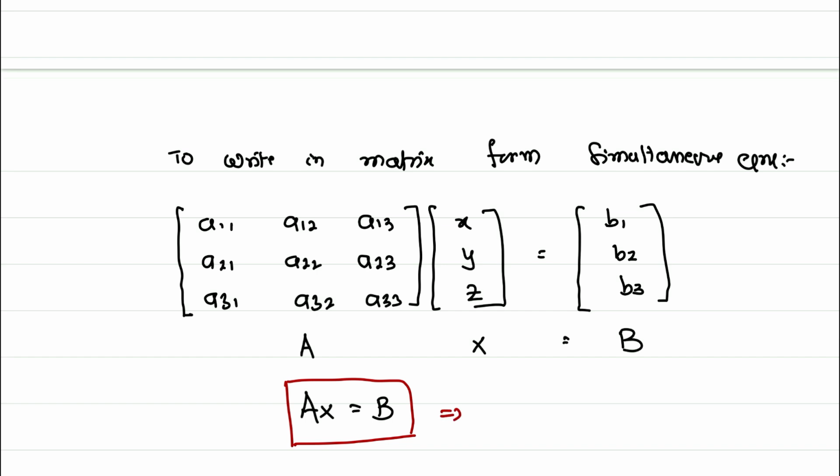It means X, that means x, y, z. We are interested in finding x, y, z. Matrix X can be found when A has an inverse.